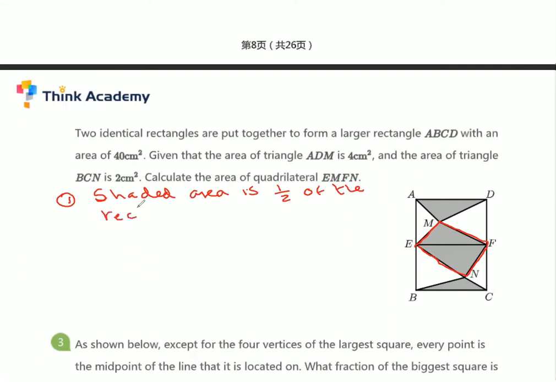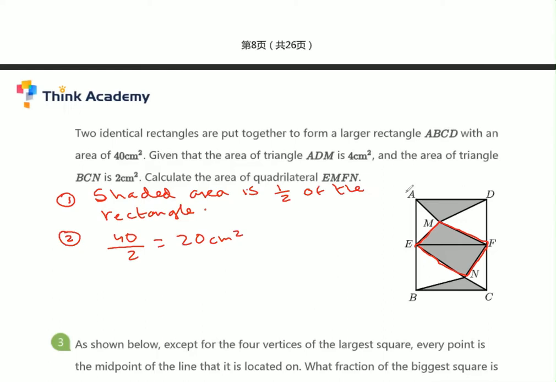So for example, if we're looking at ABCD, the big rectangle, that has the area of 40 centimeters squared, the total shaded area has to equal 40 divided by 2, which is equal to 20 centimeters squared. So that's going to be the area of the total shaded triangles inside the big rectangle.